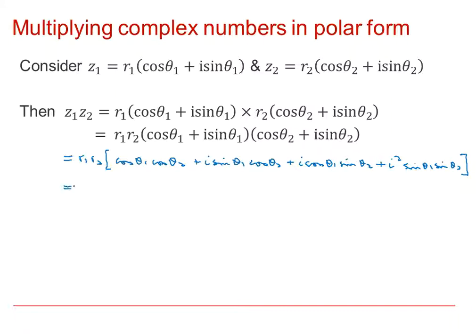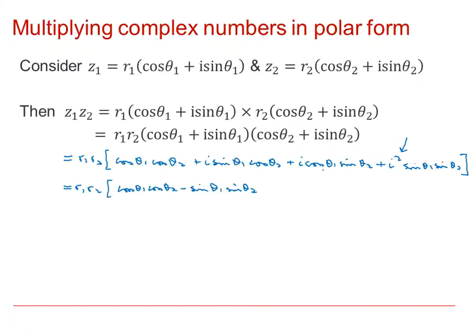And I'm just tidying it up a little bit more. r1 r2. So we've got a cos theta 1 cos theta 2. If you look at this final term, it contains an i squared term, which is minus 1. So I'm going to put that term in next because it's real. So that'll be minus 1 sine theta 1 sine theta 2.